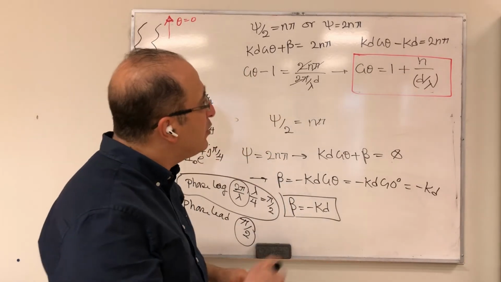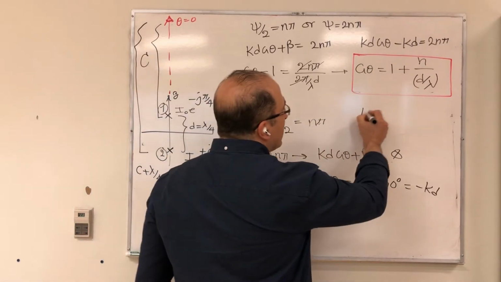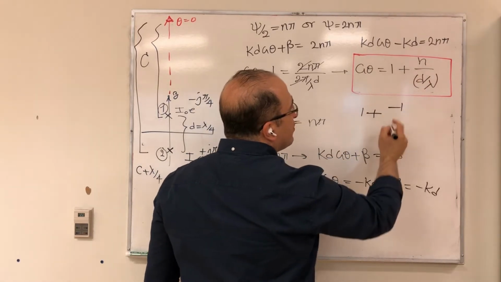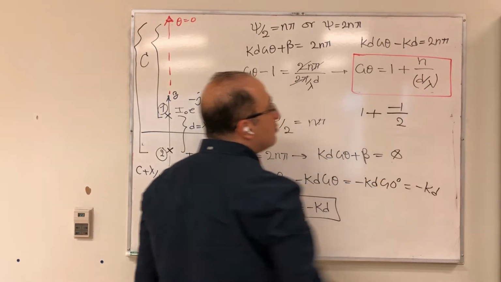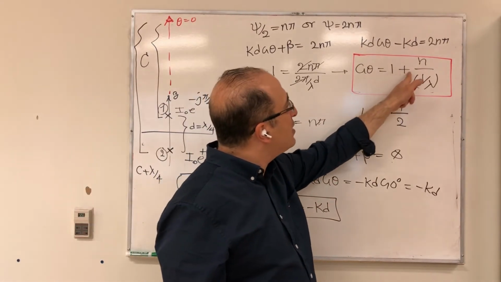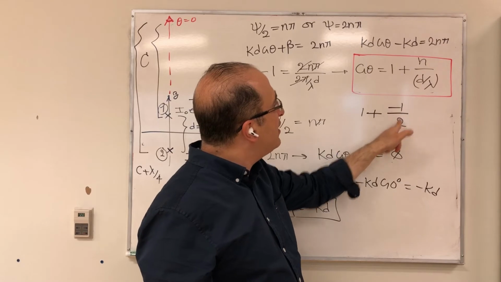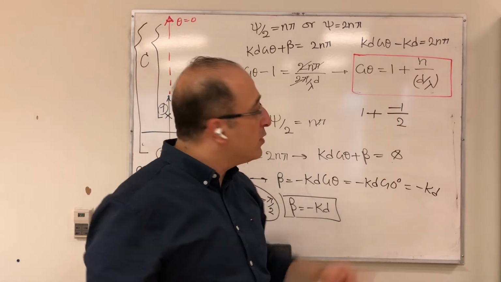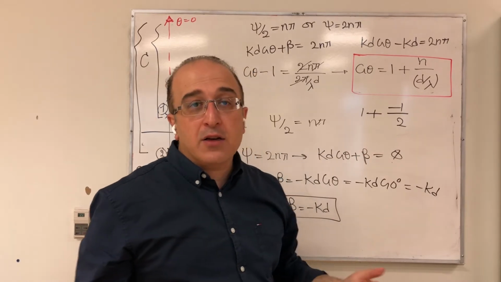Let's make an example. Your n is negative 1, and then d divided by lambda becomes 2. If that happens, then this becomes 1 plus minus 1 divided by 2, and this becomes minus half. So that's going to have a solution.